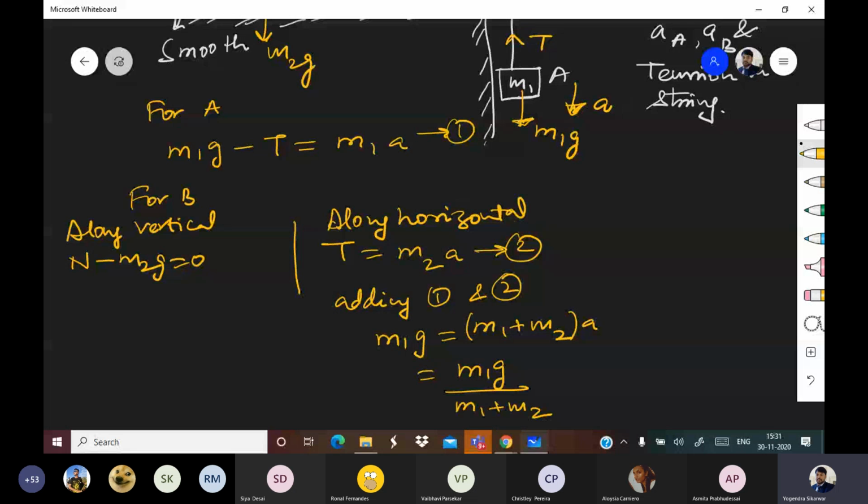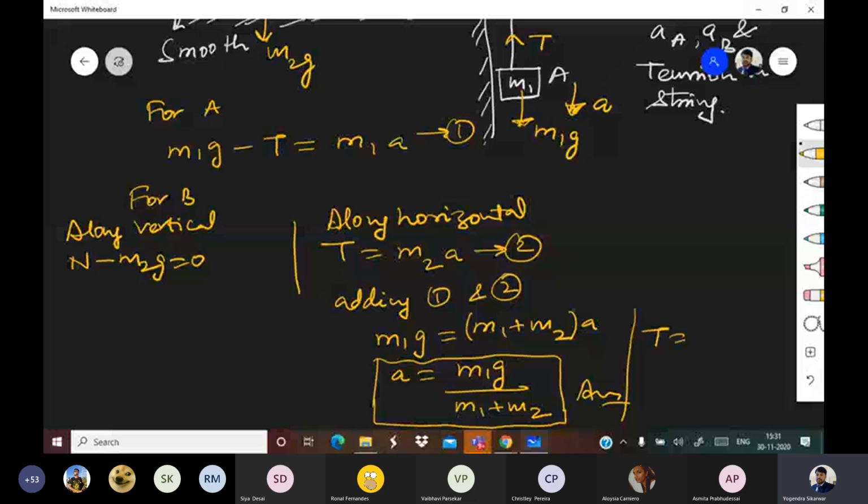And if you put the value of A in equation 2, T will be M1 M2 G upon (M1 plus M2). That is the answer of T.